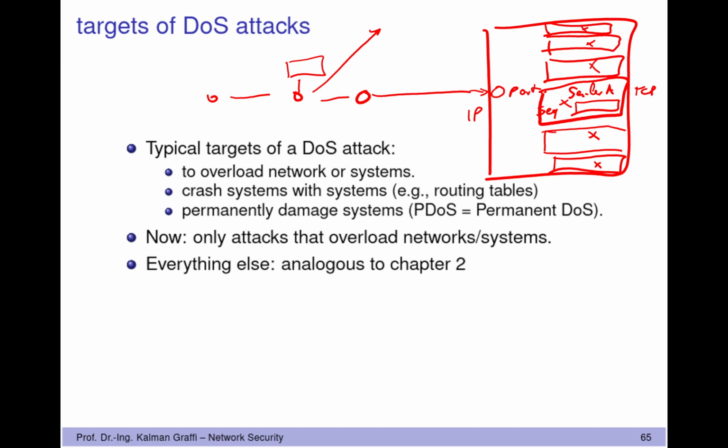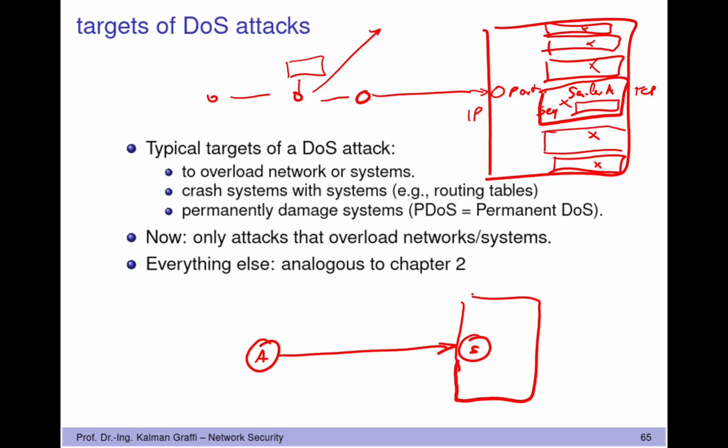So what else can we do? We will look into various options for how this can be done. But the core question is a very simple one. If this is an attacker, and this is the server that it wants to attack, what it wants to achieve is obviously to make it more harmful for the server than for itself.